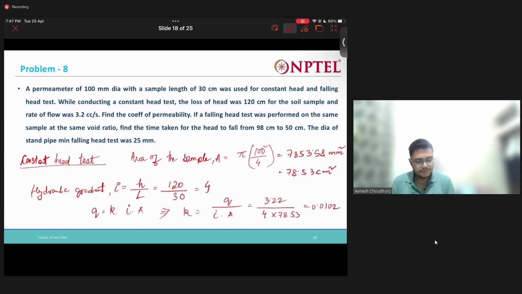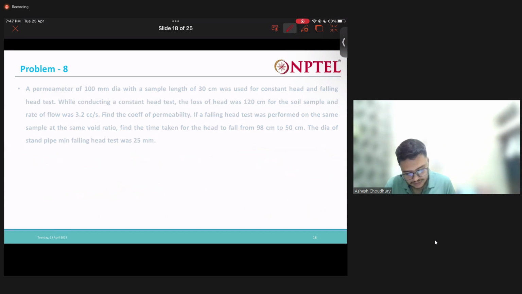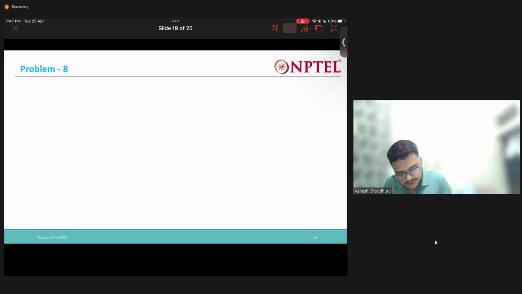Okay, what is the unit of the coefficient of permeability? Here everything is in cm. Okay, so it will be cm per second. And about the derivation, q is kia, right?